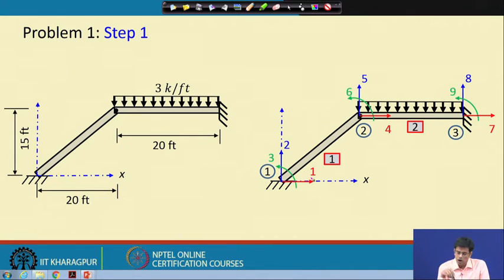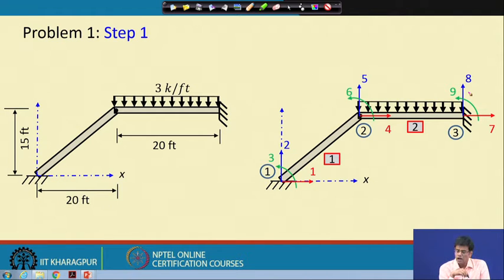So, among these 9 degrees of freedom, 6 kinematic degrees of freedom are known to us, because for 1, 2, 3 we know there are no rotations, no horizontal and vertical displacement. So, 1, 2, 3 is known, and similarly 7, 8, 9 is also known.